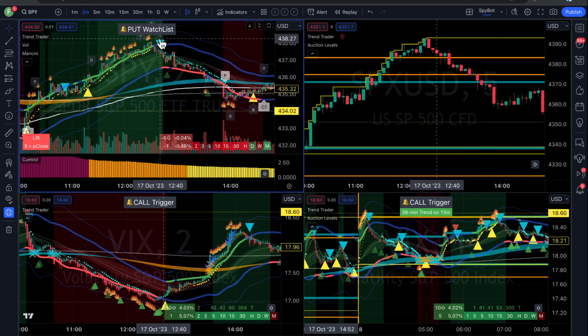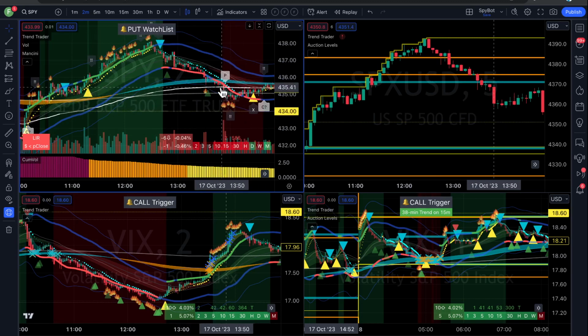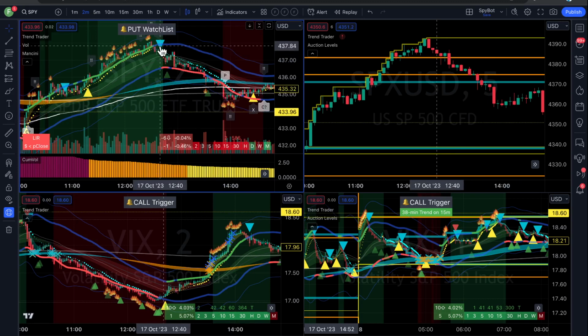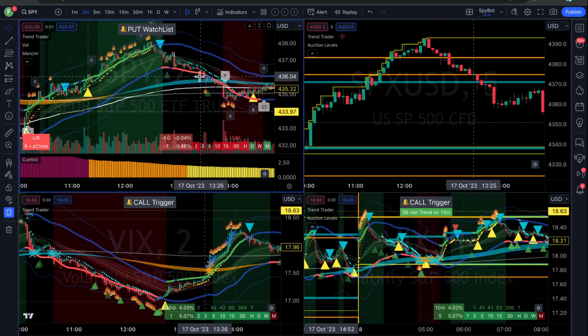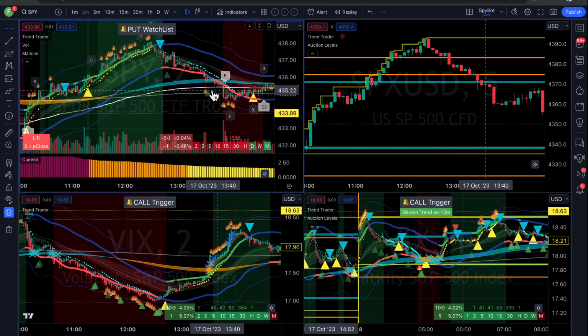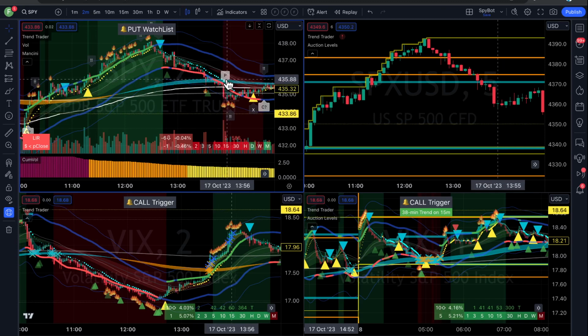It's not as big as taking it from up here, but I was talking to someone else, so I missed this move from here. But then I took this candle right here when we were at the VWAP, and I got the put signal.